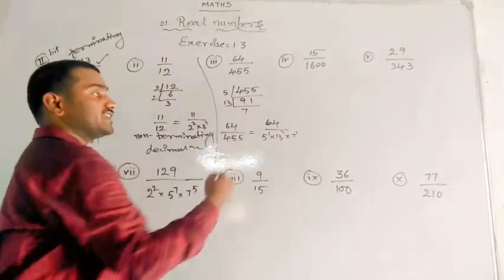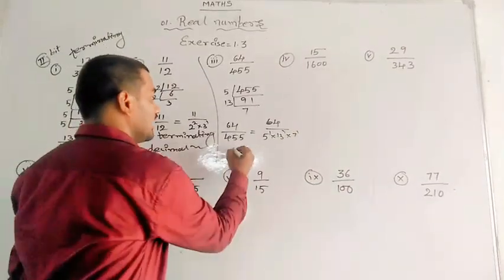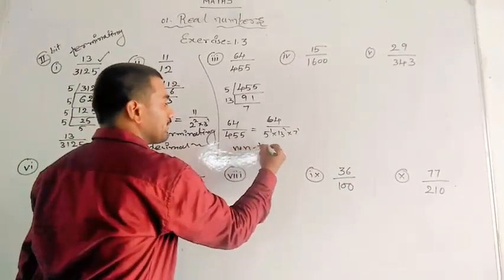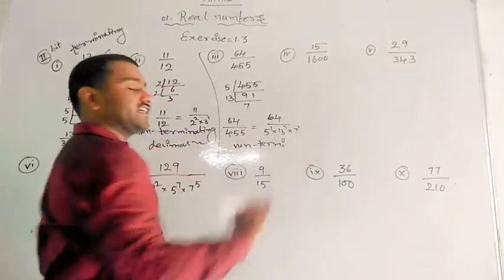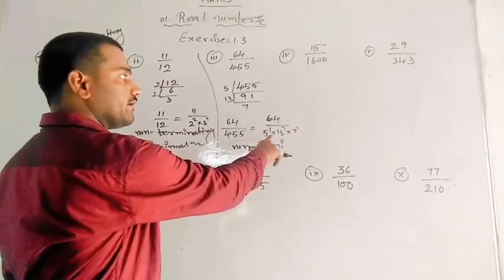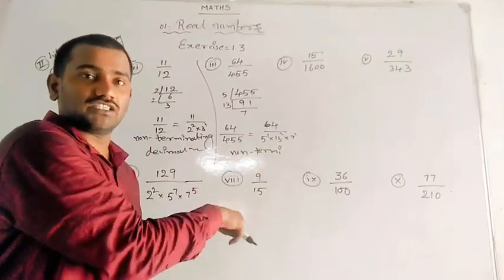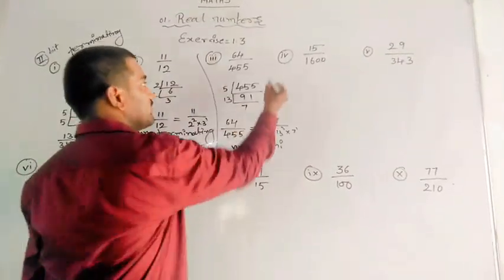Only 5 appears along with 13 and 7. So it is also a non-terminating decimal number. Directly we can say. So 5 is there, but other than 5, these two numbers also appear in the prime factorization. So it is also a non-terminating decimal number.